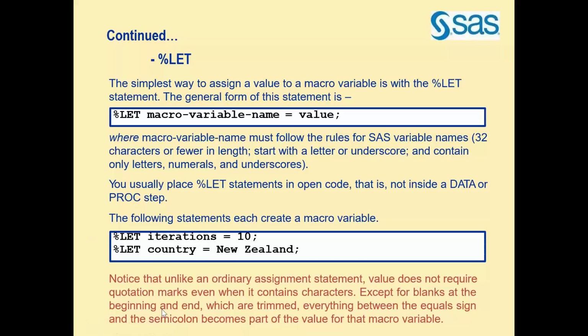A good thing to know in the beginning: unlike an ordinary assignment statement, the value does not require quotation marks even when it contains characters like this, except for blanks at the beginning and end, which are trimmed. Everything between the equal sign and the semicolon becomes a part of the value for that macro variable.